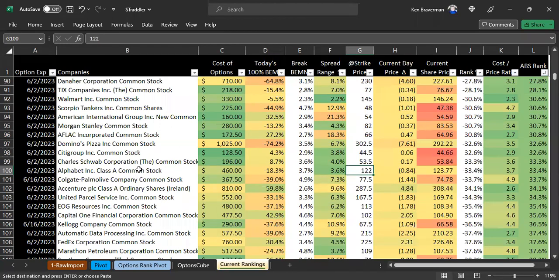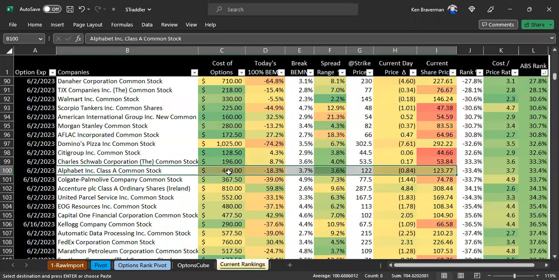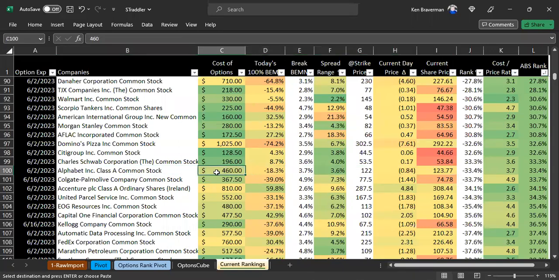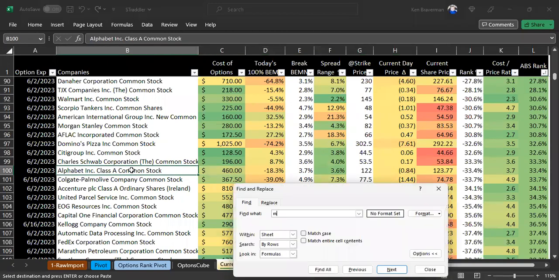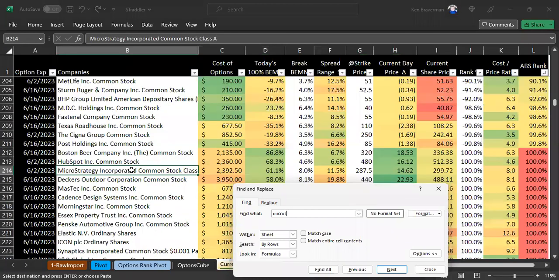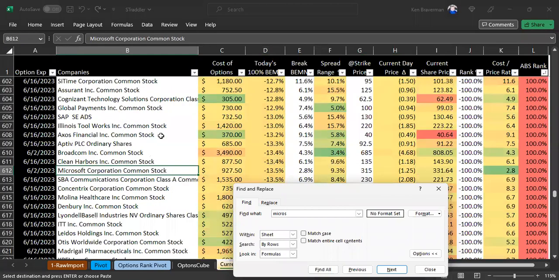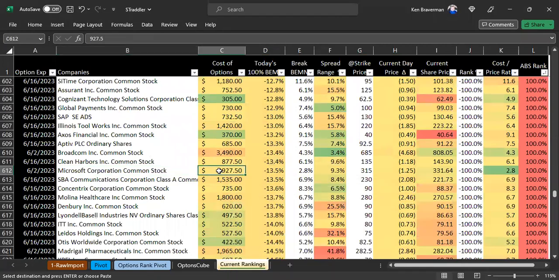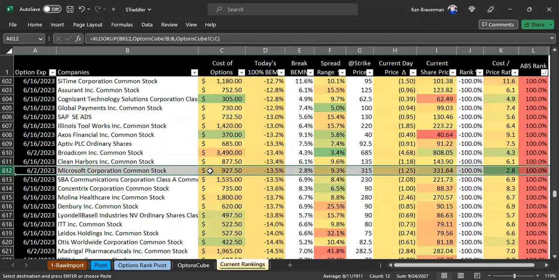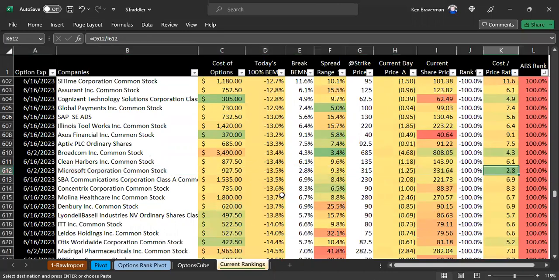So we'll see. Anything AI related is still moving, and all the big numbers are still moving. This is a whole lot cheaper than, for example, Microsoft's. That's the thing, you only pay $400 for Google now, but look what you have to pay for Microsoft. You got to pay closer to $1,000. Now, this has probably changed because they're not having their developer conference anymore, but it's where it was as of last week. So it was just twice as expensive. The cost ratio is 2.8 there, and it's different for Alphabet.